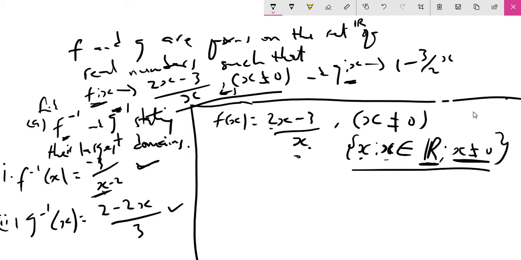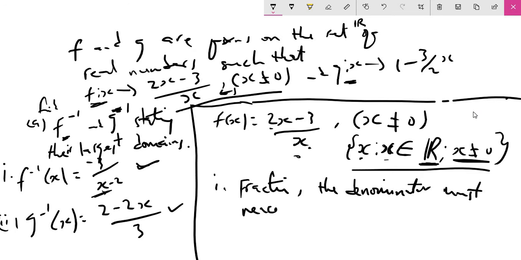Now, whenever you are going to determine the domain of a particular function, first of all, you have to ask yourself what values will make this particular expression undefined. So these are the hints. One, whenever there's a fraction, the denominator must never be 0.